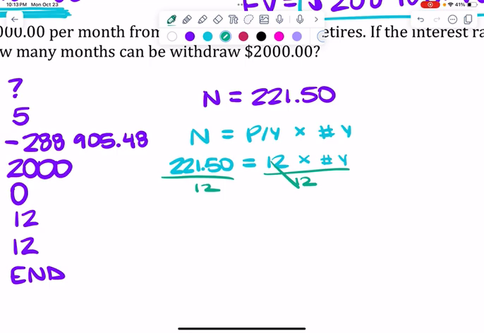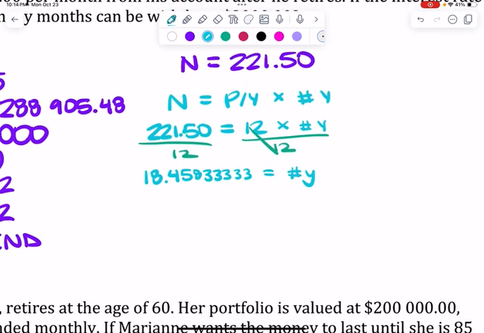When I plug in 221.5 and divide by 12, I get some long number, and that long number is 18.45833333, and that's the number of years that Alfred would be able to withdraw $2,000 from his account for. Now, that's not what the question asks, so I don't really want this as my final answer.